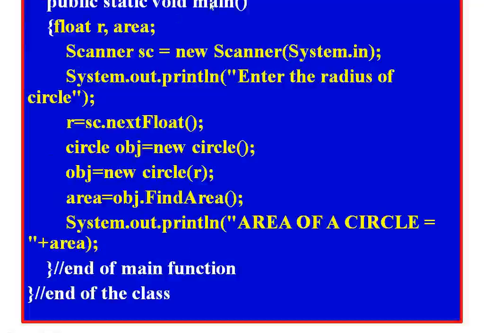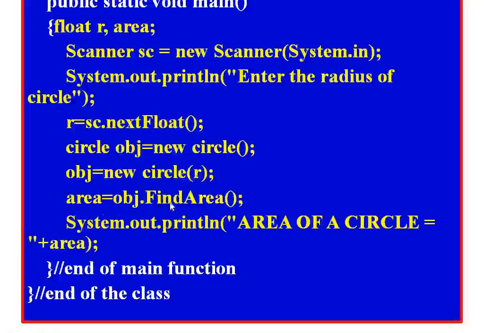Now again you see the execution process. Public static void main, float r, area, Scanner sc equal to new Scanner System.in. System.out.println enter the radius of a circle, r equal to sc dot next float. Creating the object: circle obj equal to new circle r, whatever you accepted is passed.